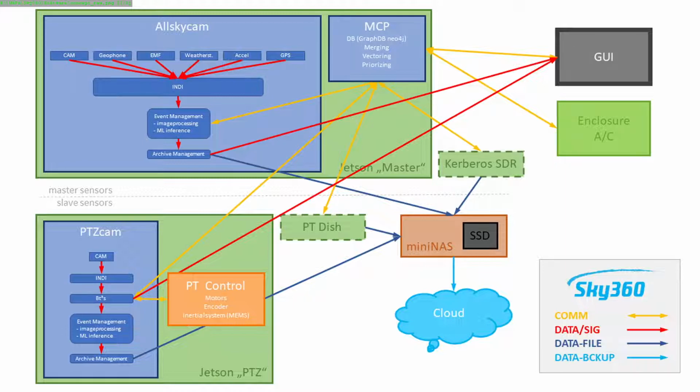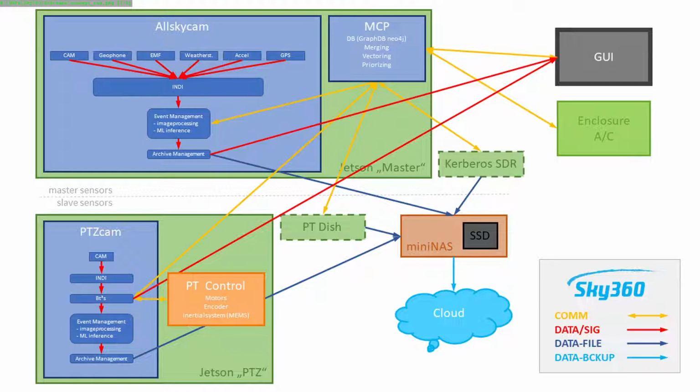After that, the event manager talks back via bt³s to the master control program and says, okay, we detected something here. Then the master control program talks to all other connected systems, and the archive management is triggered.